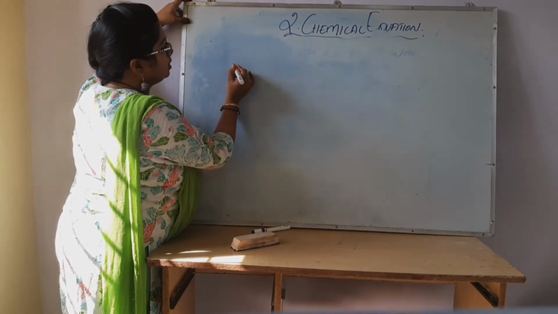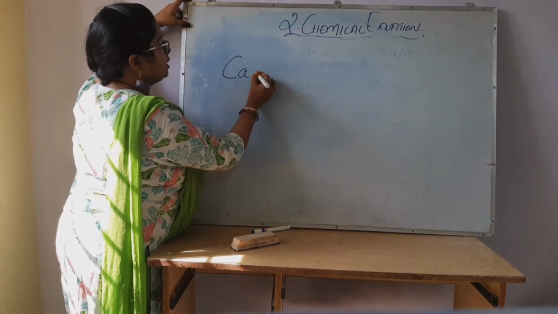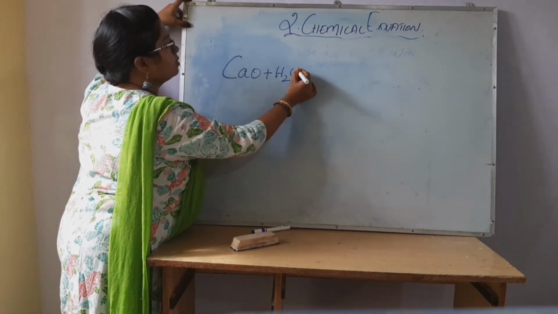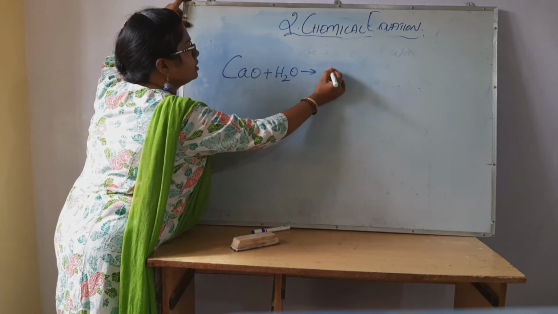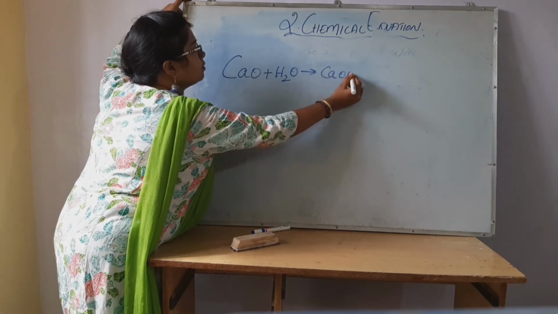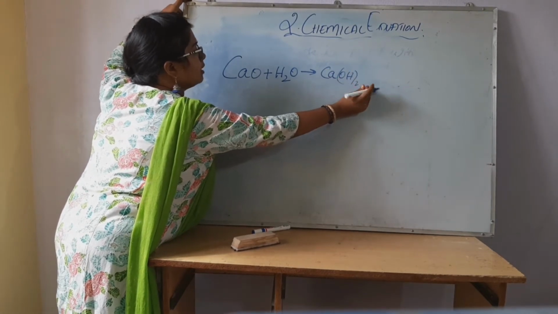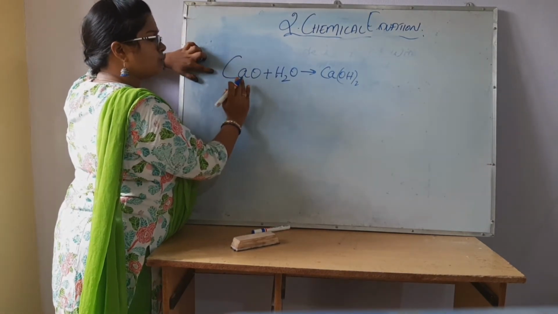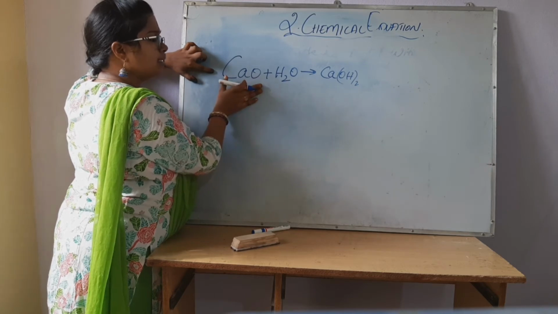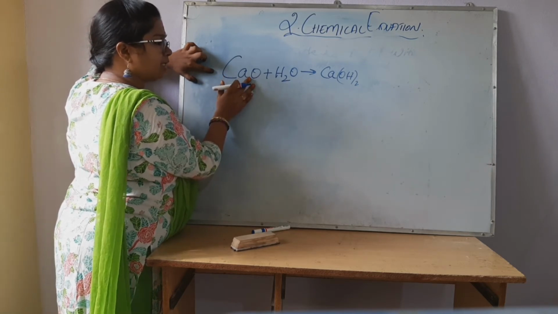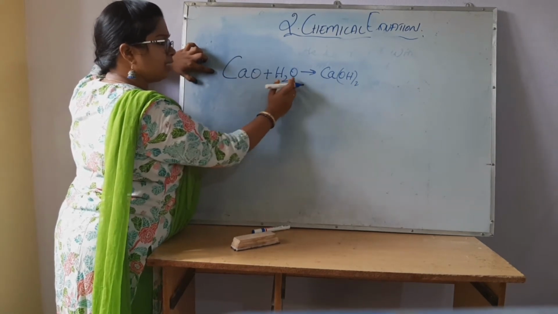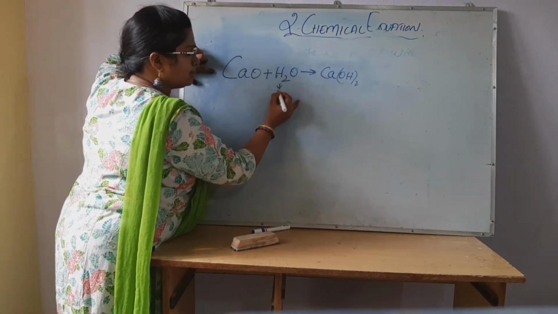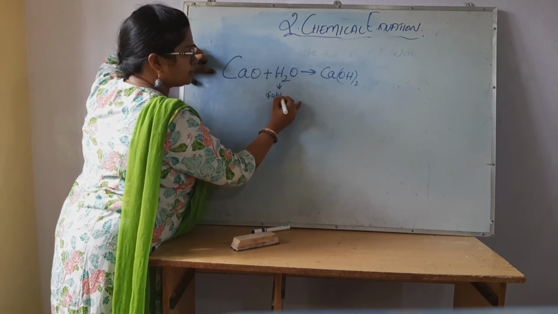CaO plus H2O gives rise to Ca(OH)2, calcium hydroxide. If something is written here, these numbers are called subscripts.